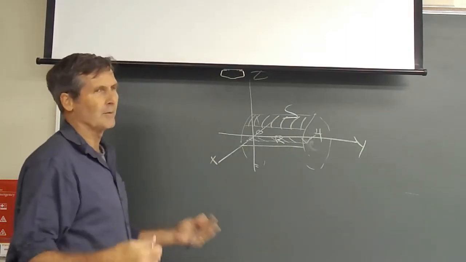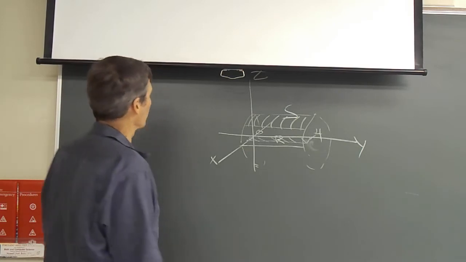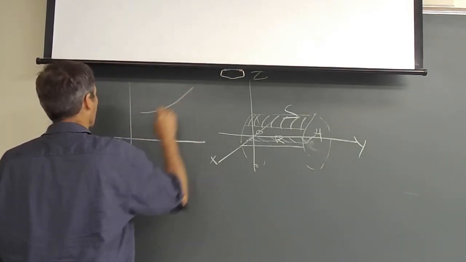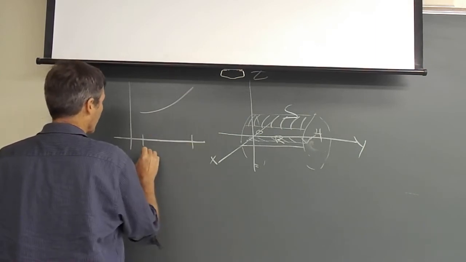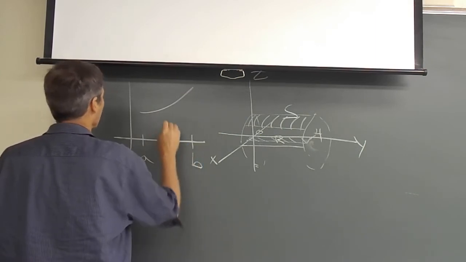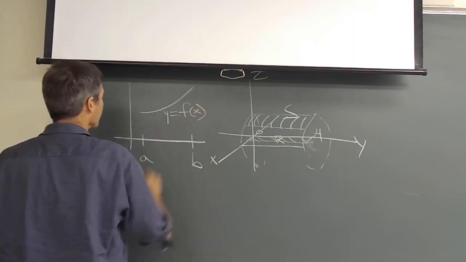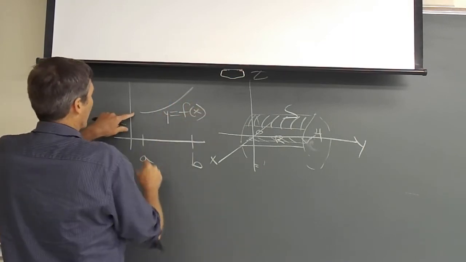I have trouble remembering this all the time. Maybe this will help you remember it. This is an analogy to what you did in Calculus 1, where you had an arc length from a to b, and a function y equals f of x that had a continuous derivative. You can find the arc length of this how?